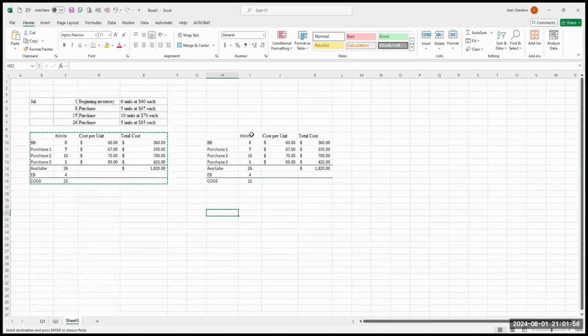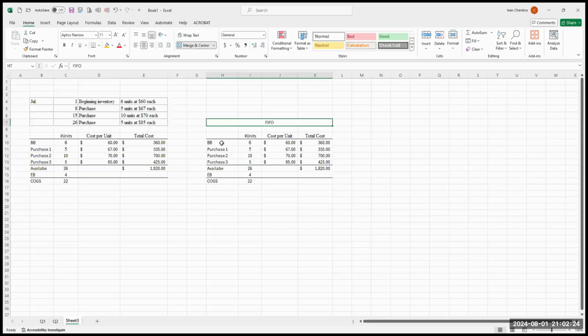I can even make it more fancy here just to be nice and neat. And now I'm going to start thinking. If I'm using first in, first out, what will be the cost of my ending inventory?